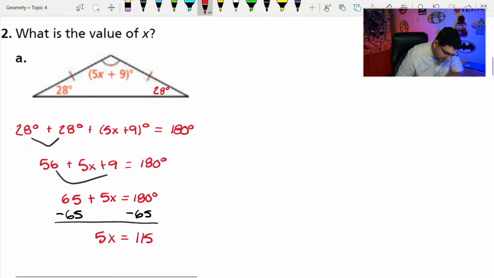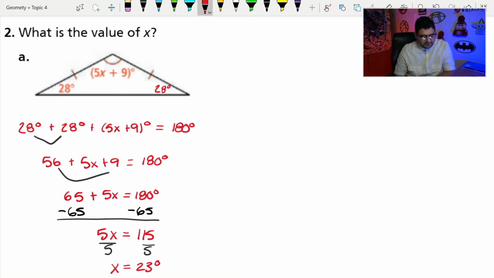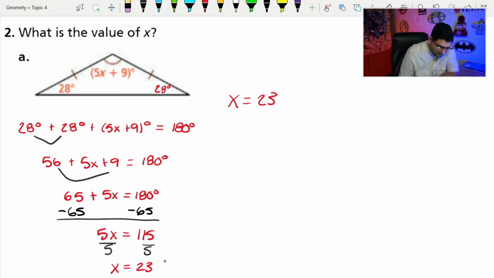Then I just have to divide by 5 on both sides, and I would be left with x equals 23 degrees. Which is what the question asked me to solve for, so x equals 23.